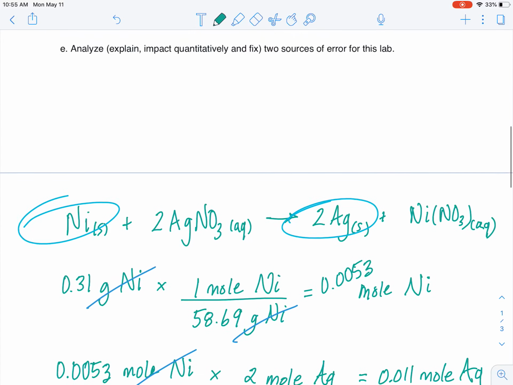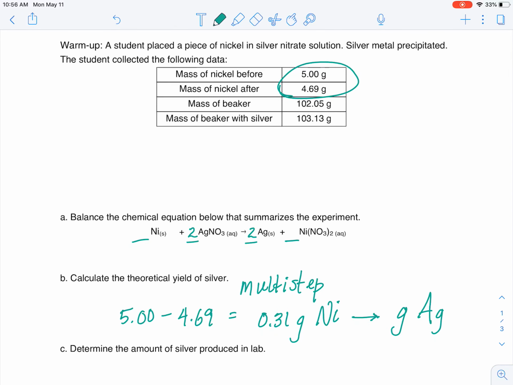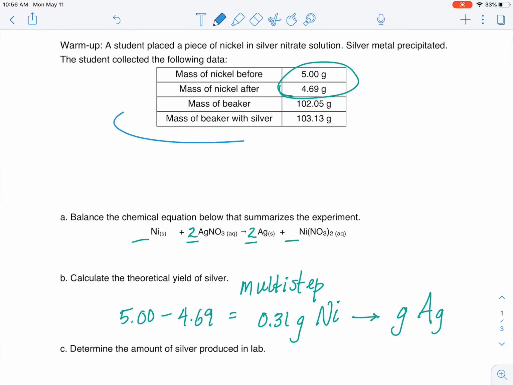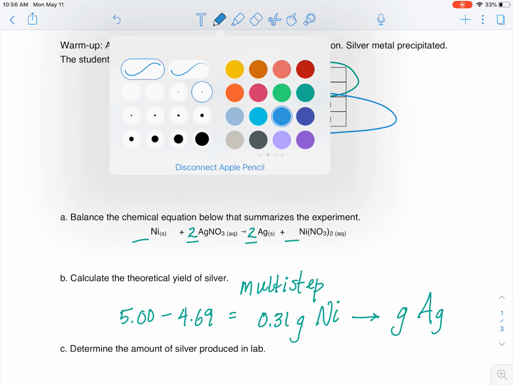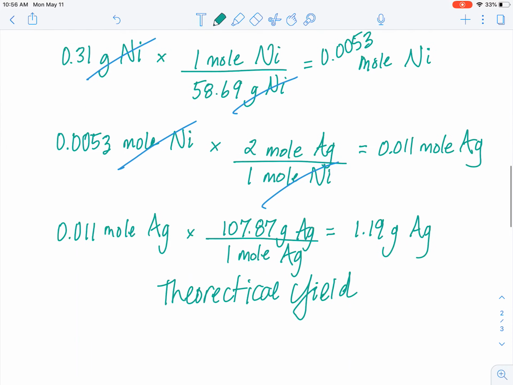In either case, we are going to refer back to our data to determine what the experimental yield actually was. To calculate experimental yield, we need the mass of the beaker with silver, and we subtract from that the mass of the empty beaker, because we just want to know the mass of the silver at the end of this experiment.